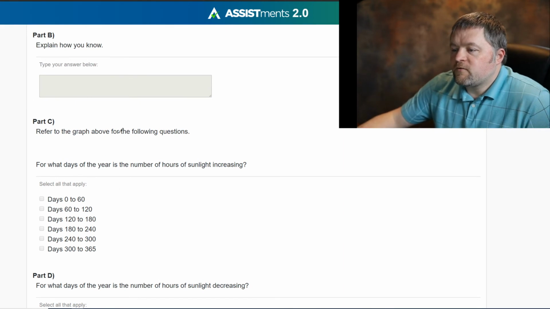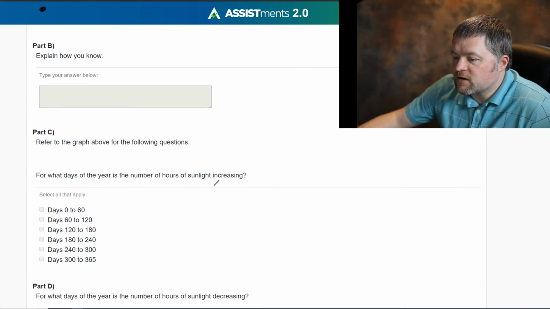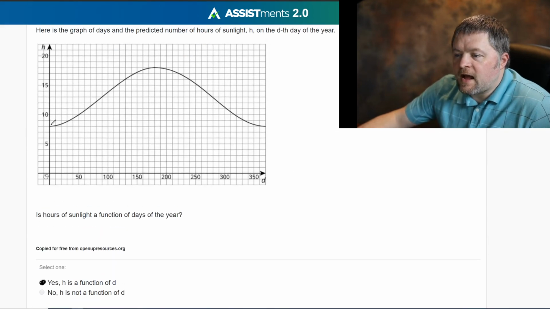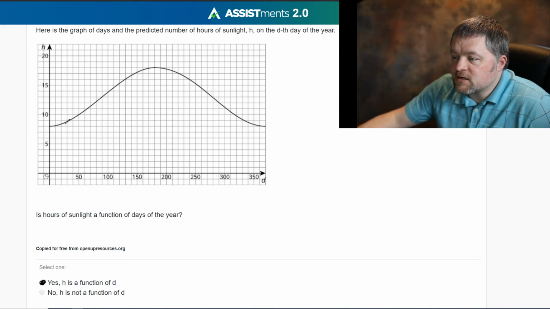Refer to the graph above for the following questions. For what days of the year is the number of hours of sunlight increasing? So, number of hours of sunlight. When is it increasing, meaning when is it going up?